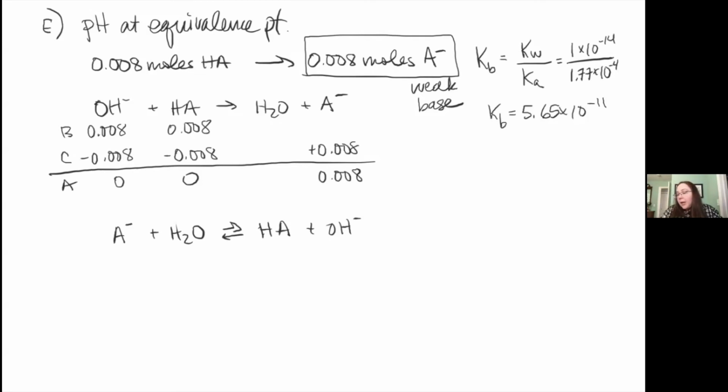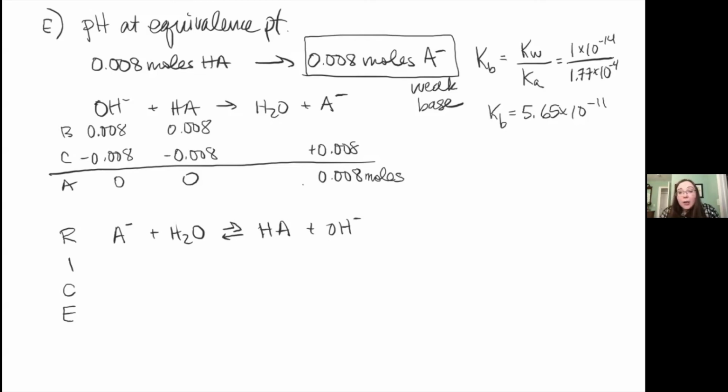Okay, so now I'm going to be doing this RICE table with my base. There's a trick here because in my RICE table, I'm not using moles, I have to use concentration. So I've got my 0.008, this is my moles that's left over, but I've actually changed the volume.